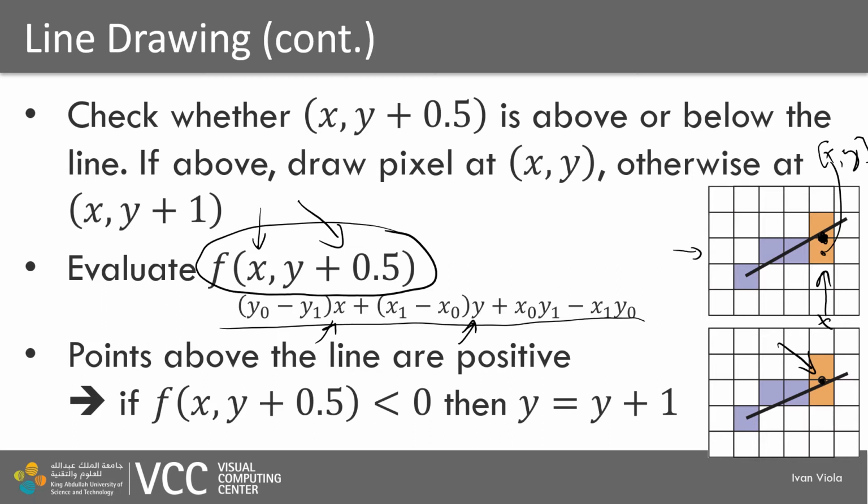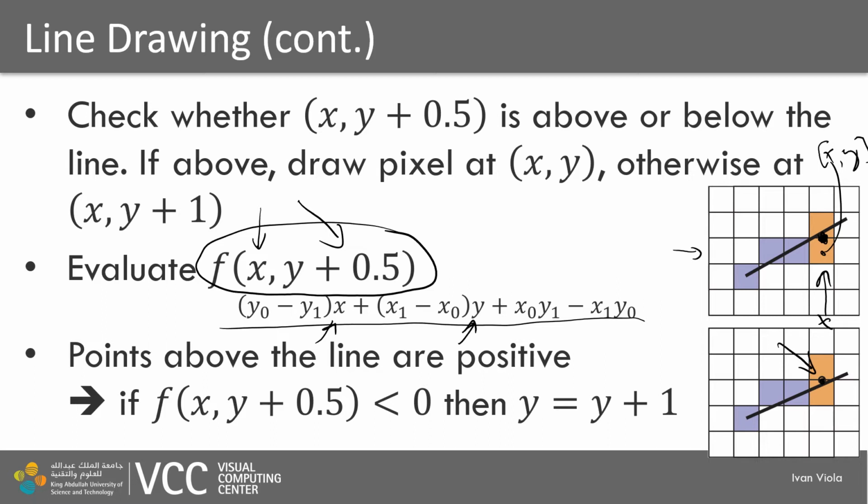In this case, you will see that such a very high value results in a positive number, because x1 is more than x0, so we have a positive value coming from this term, and the higher the y, the higher the positive value. So it will be a positive function if the point lies above the line.